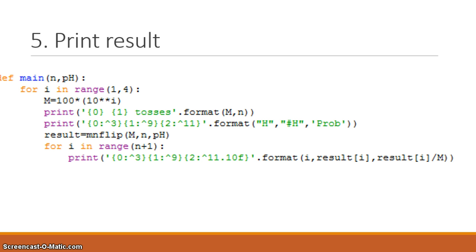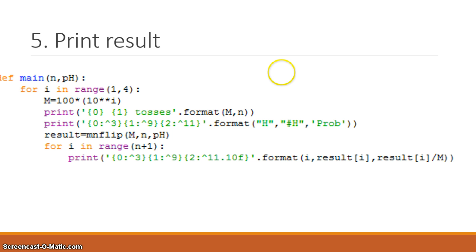The i here will equal the number of heads and run from 0 to number n, the result i will equal the number of times, and the result i divided by m will equal the probability of each case.